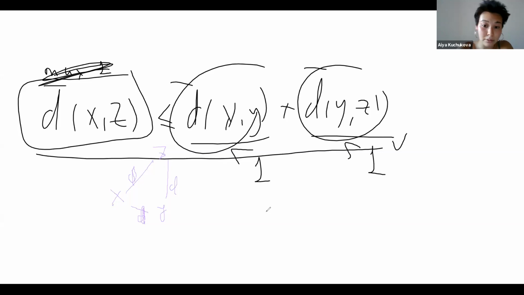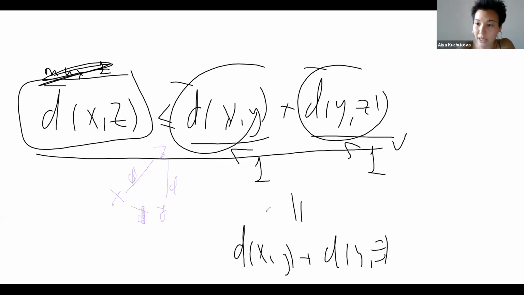Great. Then we just write it as dxy plus dyz. And because it's a standard metric, it already assumes the triangle inequality, so it is bigger than dxz, right? And so that's great.